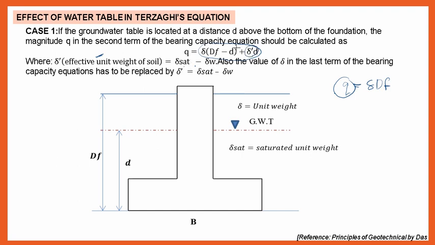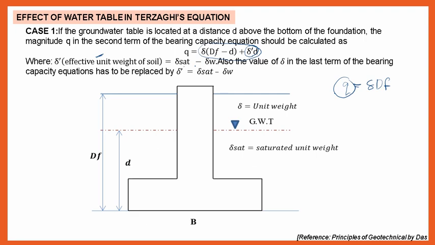This is gamma prime. Also, the value of gamma in the last term of the bearing capacity equation has to be replaced. So it is not only the second term, the Q, that we replace. We also replace the last term of the bearing capacity equation with gamma prime.